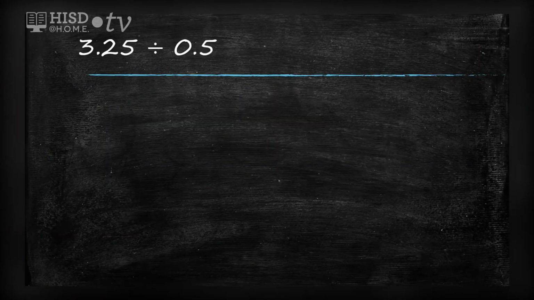We are going to work a division of decimals with numbers, and in order for us to be able to complete this division, we have to make sure that the divisor, which is this number on the right side, is a whole number.